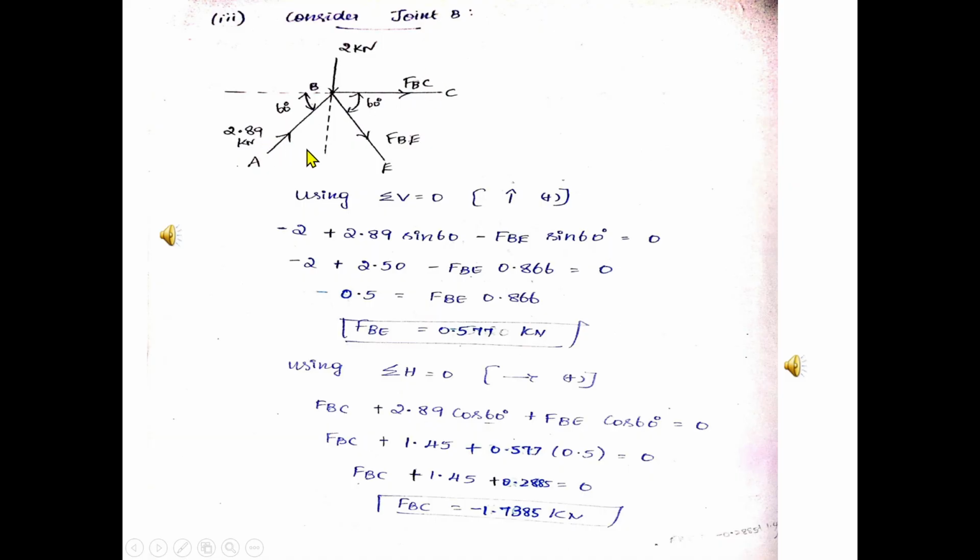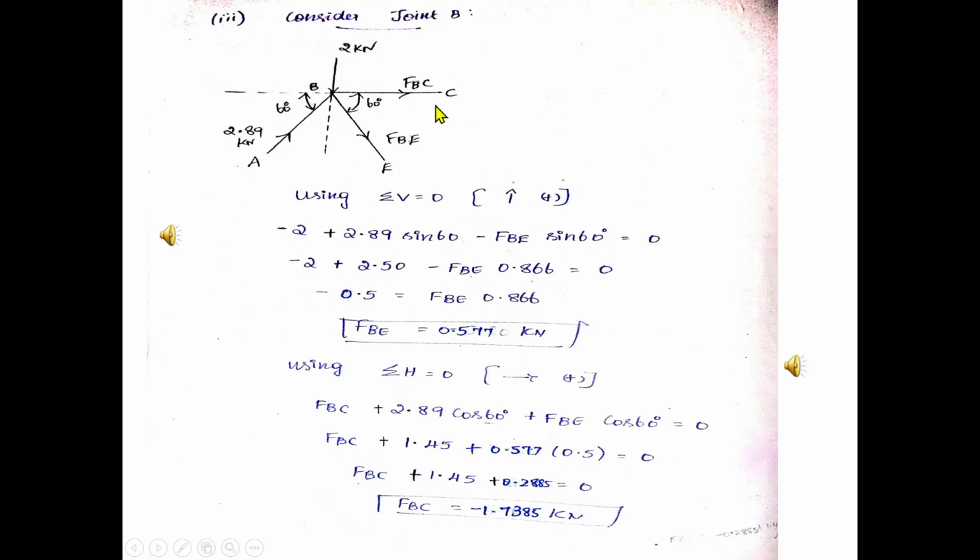So if I resolve this 2.89, 2.89 sine 60 will be here, and watch the direction of this arrow after resolving. So after resolving, this arrow will move upward, therefore plus 2.89 sine 60. And if we resolve this force FBE, after resolving, it will be pointing downward and the vertical component will be FBE sine 60. Therefore minus FBE sine 60 equal to 0. Therefore if you simplify, you'll be getting the value of FBE.